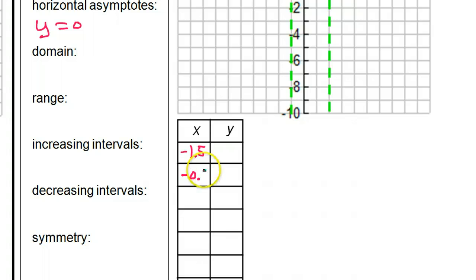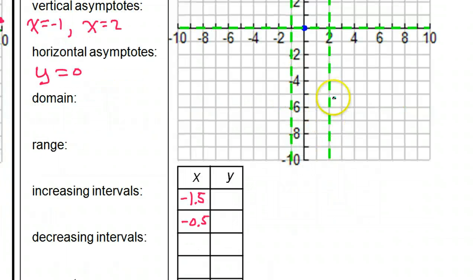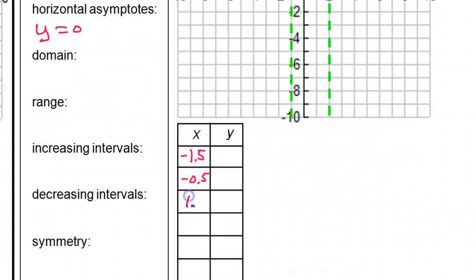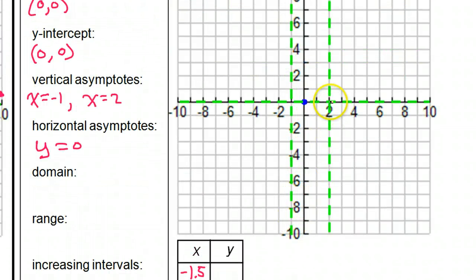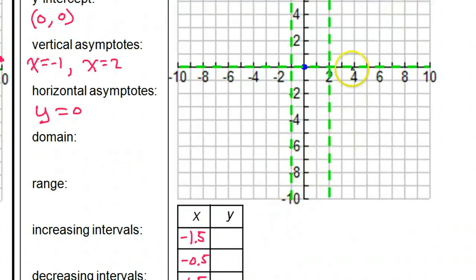Let's definitely do that. Let's do the same thing with the other asymptote. This is at 2. So 1.5 would be half a square on the left. Let's do that. And 2.5 would be just barely to the right. Those are all great values to use.